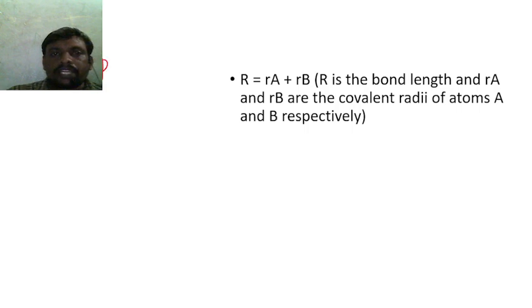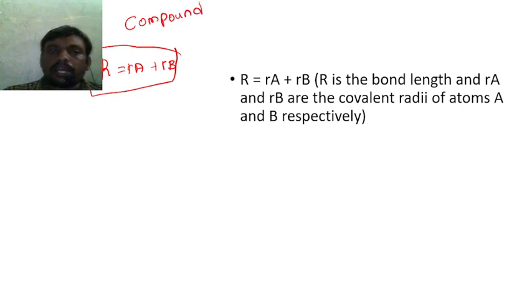R equals RA plus RB. This formula is applicable to a compound joined by a covalent bond. R is the bond length, and RA and RB are the covalent radii of atoms A and B respectively.